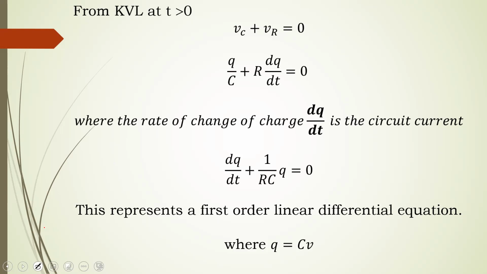When we use uppercase, you know it's a final value or an initial value. So Q equals CV, and what we're interested in is finding the voltage across the capacitor at any point in time.